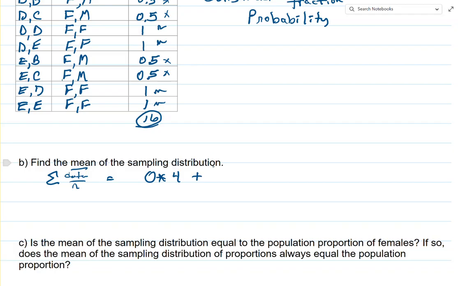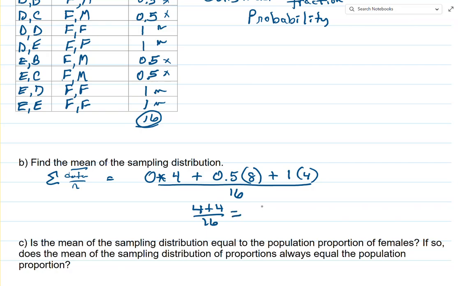And then we have a half that's repeated 8 times. And we have 1 repeated 4 times. And we're going to divide all of that by the 16. All right, so this gives me half of 8 is 4 plus 4 over that 16. And we get 8/16. So our mean is a half of chances, okay, 50% chance of getting a female, at least one female from this group. Does everybody get that?